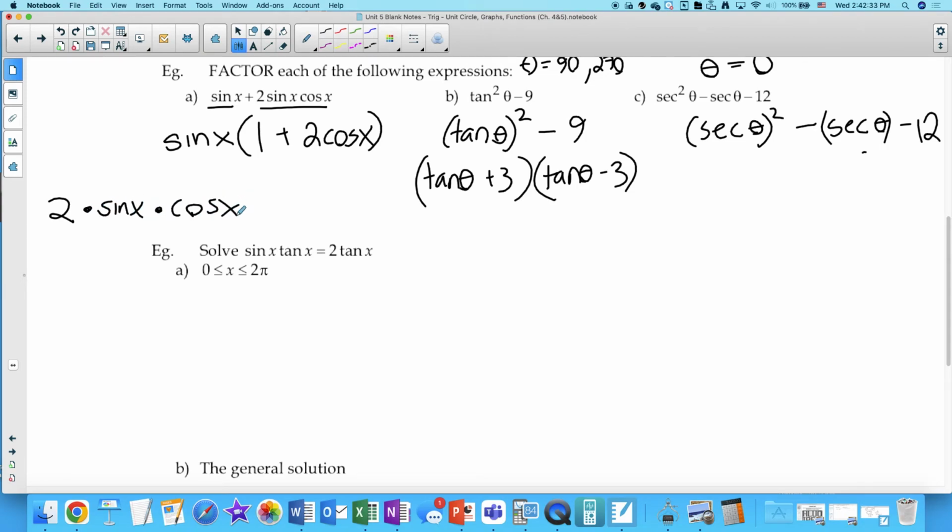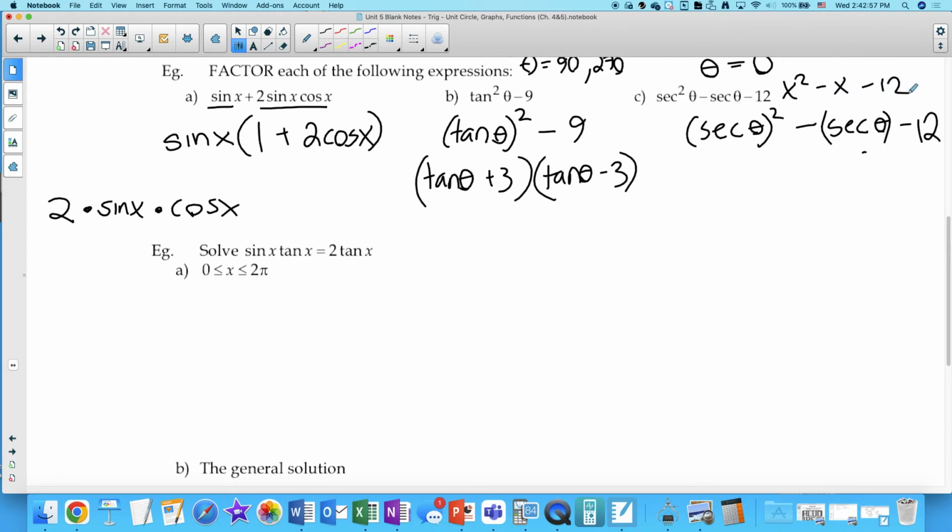Okay, so this is similar to factoring the quadratic x squared minus x minus 12. You need to think about two numbers that multiply to negative 12 and add to negative 1. Yeah, negative 4 and 3, right?